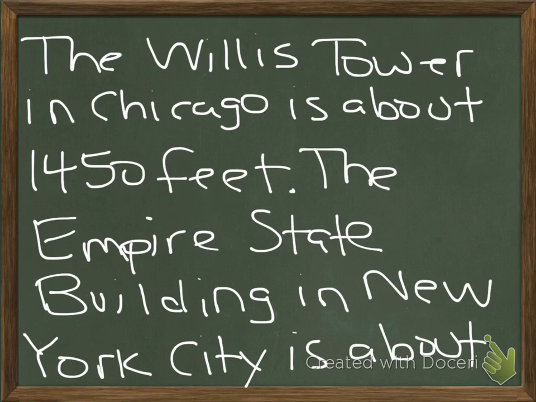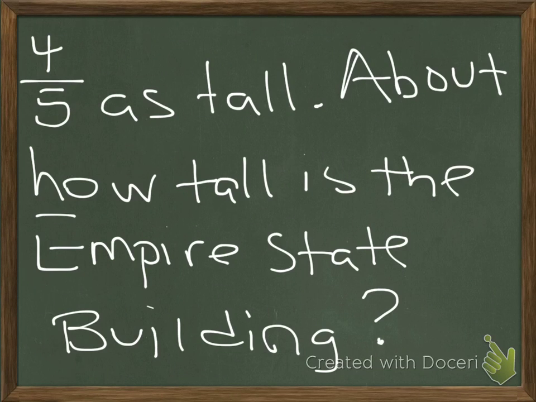The last problem has us do a word problem. It's talking about the Willis Tower in Chicago, and that's about 1,450 feet. The Empire State Building in New York City is about 4/5 as tall. So you put 2 and 2 together here. The lesson is about multiplying rational numbers.